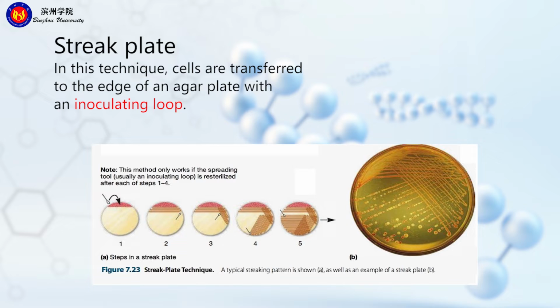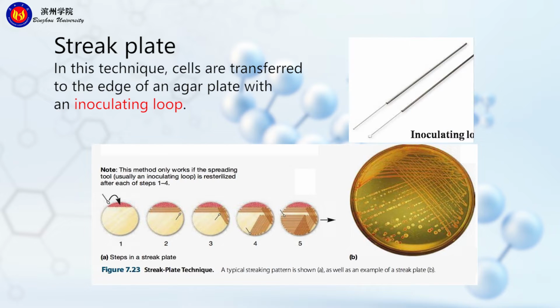In this technique, cells are transferred to the edge of an agar plate with an inoculating loop. This is an inoculating loop. The picture below shows streak plate techniques. Firstly, streak the cells over the surface.